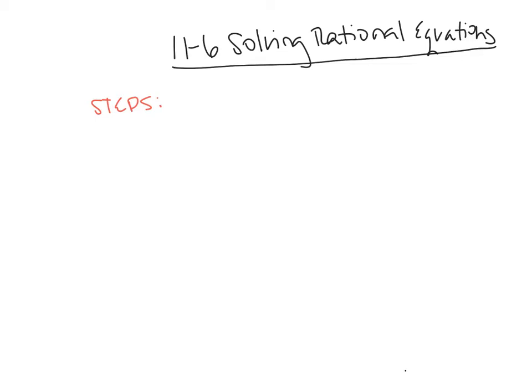Most often, anytime with fractions, we always need to get a common denominator. So even when solving fraction equations or rational equations, step one is going to be to get a common denominator. We've got to get all the denominators exactly the same. Well, how do we get a common denominator?